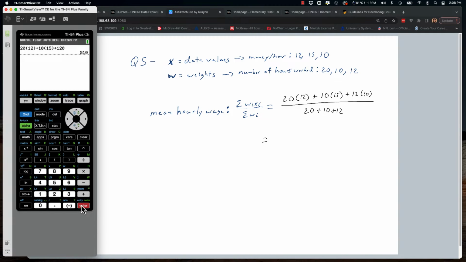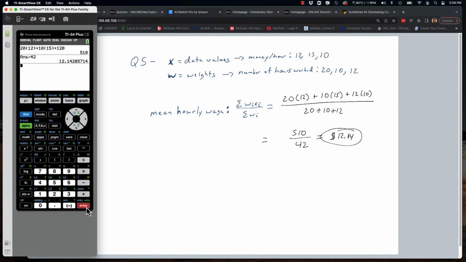We get 510 total, divided by the sum of 20 plus 10 plus 12, so it's 42. And that tells us she made roughly $12.14 per hour on average over the course of the 3 jobs.